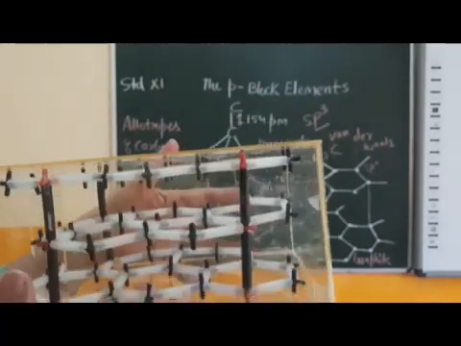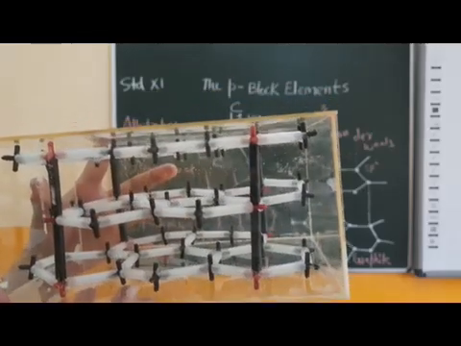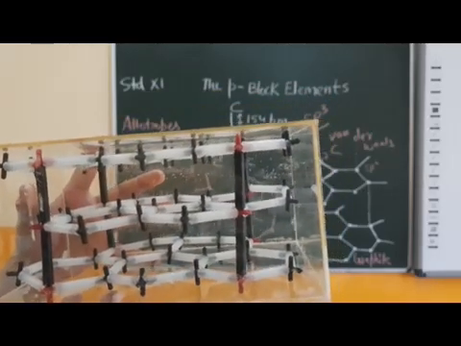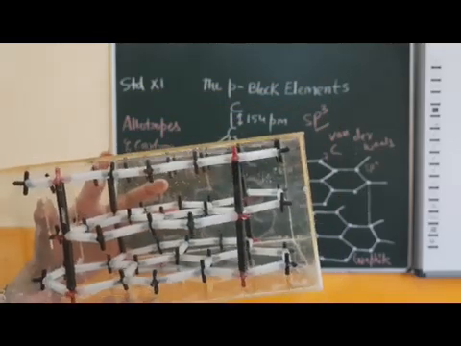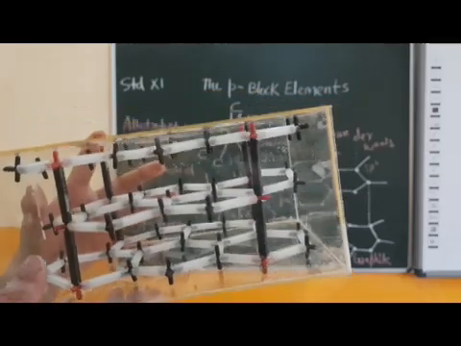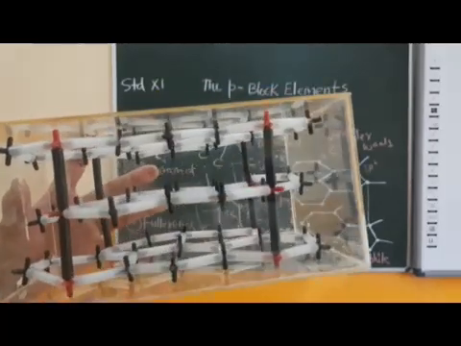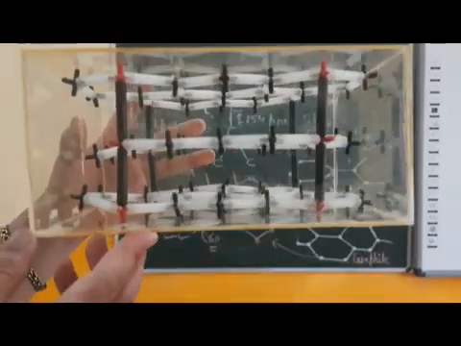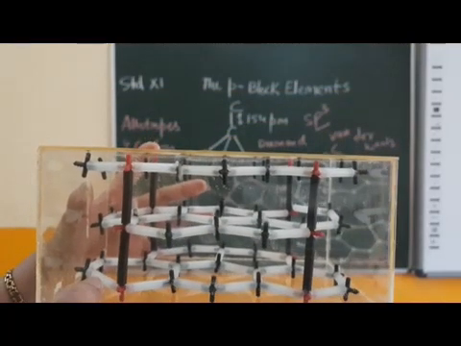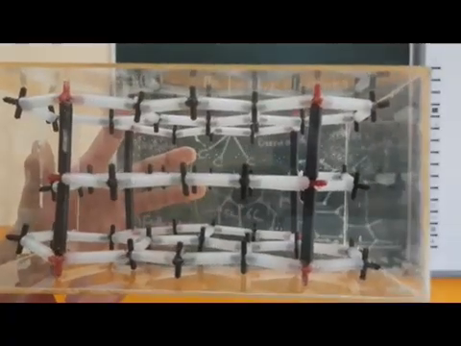This is the third layer. The same type of arrangement repeats in two-dimensional manner. This dark black stick shows the weak force, van der Waals force, between carbon atoms of 2 layers, and the white stick shows a purely covalent bond.